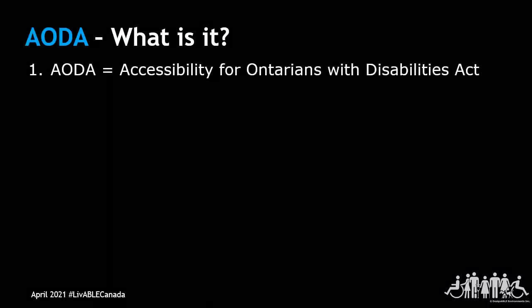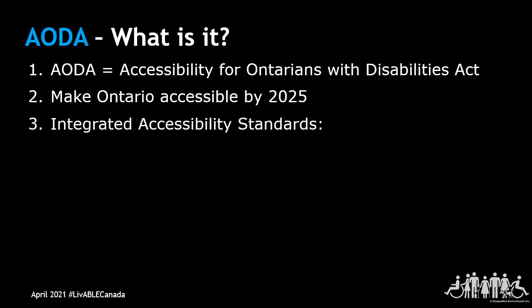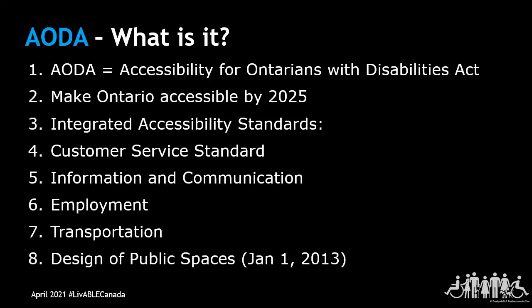The AODA, the Accessibility for Ontarians with Disabilities Act, for example, was to make Ontario accessible by 2025. The integrated accessibility standards include the customer service standard, information and communication standard, employment, transportation, and the design of public spaces. Notice none of those are about housing. So there is some talk about adding a housing standard, but it hasn't materialized yet.